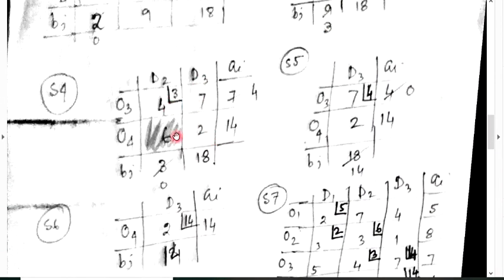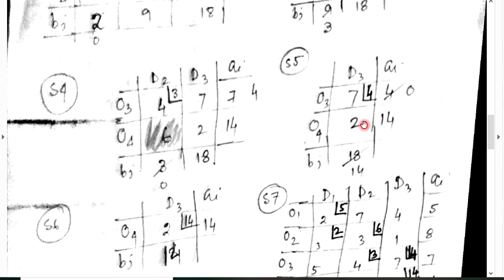In the next step, this is my required matrix where we have to allocate the most northwest corner cell. This is the most northwest corner cell where we allocate the minimum of 3 and 7, the minimum of ai and bj. So 3 will be allocated. It will complete the demand requirement of this column, so we are shading this column, and the remaining supply is 7 minus 3 equals 4.